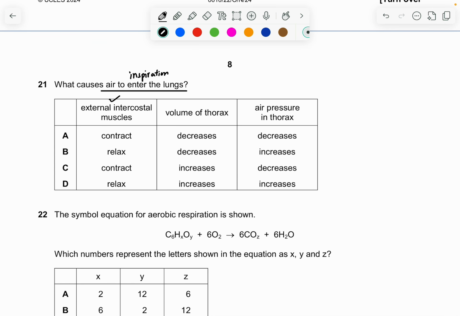The lungs begin to expand, so the volume will increase and the air pressure in the thorax will drop. Remember, the pressure outside is higher, and the lungs inside are much lower in pressure. That's why air can be forced in. So the answer is C.